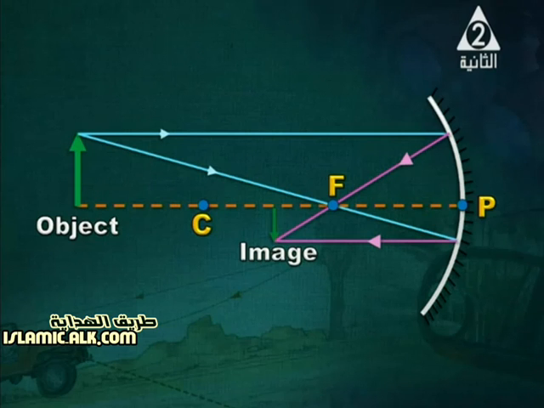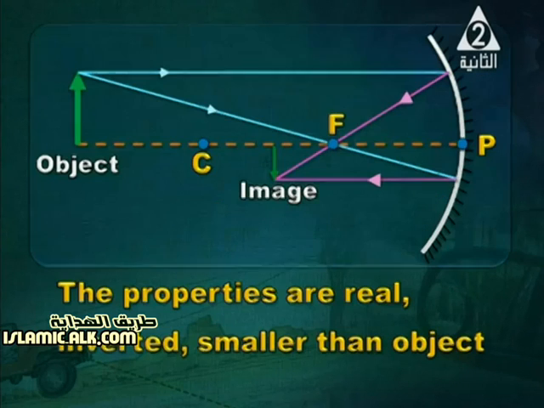The image is formed at the point of intersection of the two reflected rays, between the focus and the center of curvature of the mirror. The properties of this image are real, because it is formed due to the intersection of the reflected rays, and inverted and smaller in size than the object.